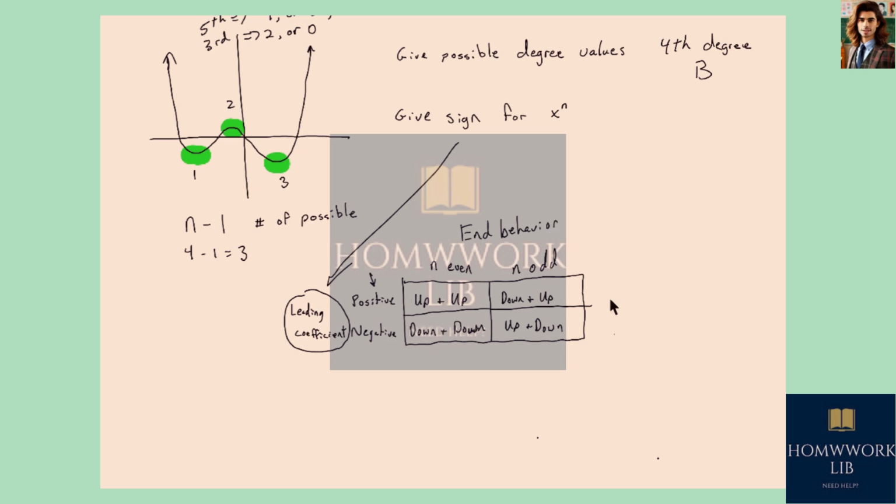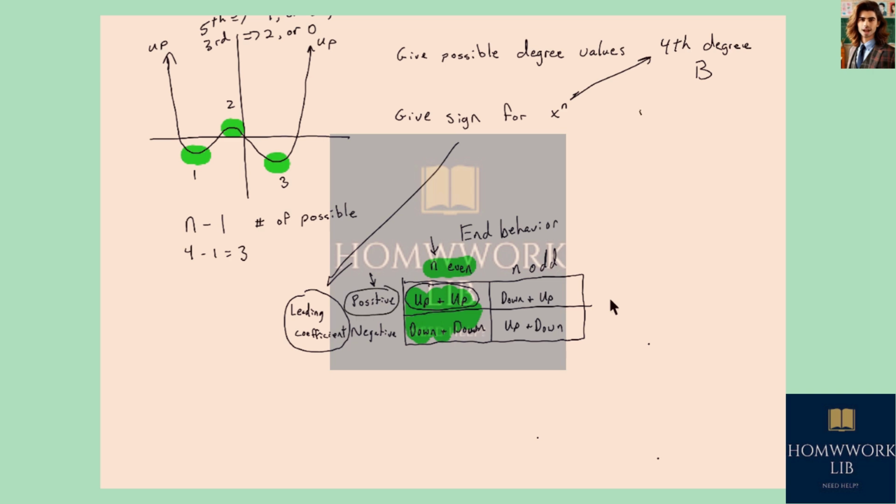If we have a positive front term, it's up and up end behavior when your n is even. Our n is even. It's a 4. So I know I'm dealing in this column. And I can look at my graph. This is a graph that has end behavior of up and up. So I know that my front term was positive.